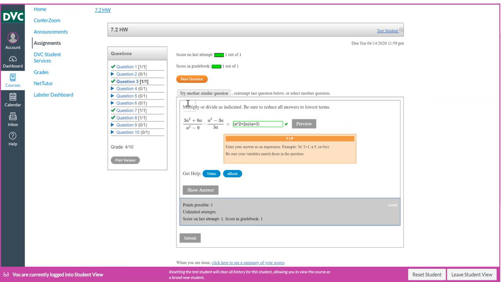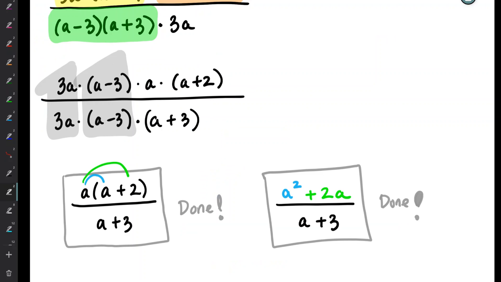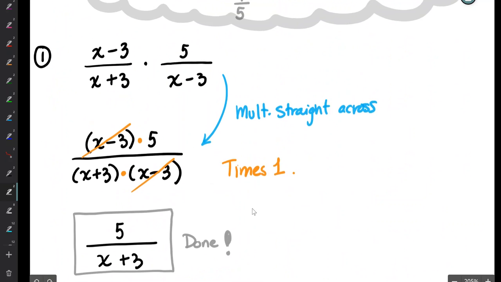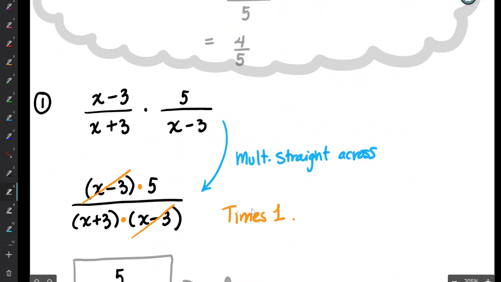At this time, I want to actually make a note for you guys about domain restrictions. This is optional, but it becomes important in future math classes, so I feel like just making a note on these 2 problems. So we have gotten them correct. But remember in section 7.1, you were finding the x values, the variable values that weren't allowed.